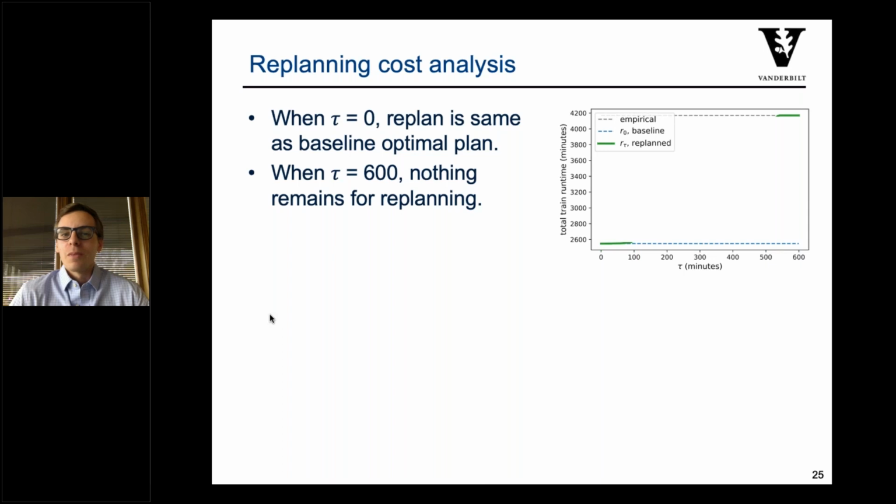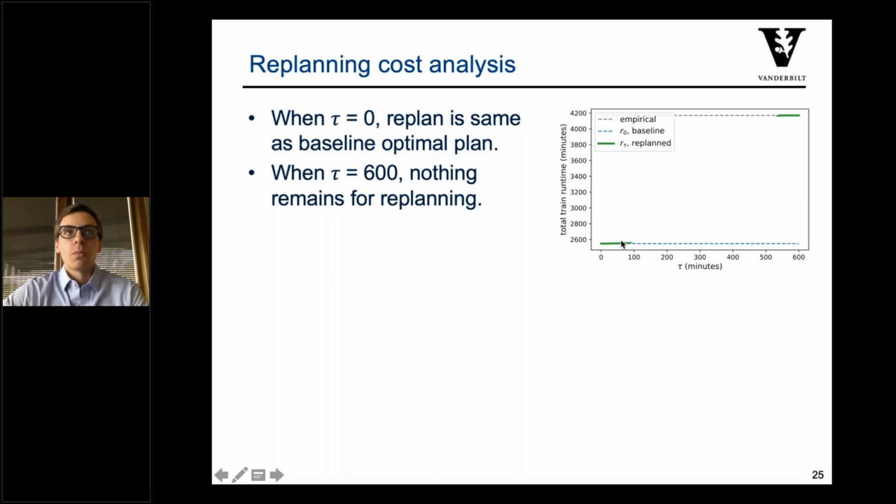At that point, basically there is no replanning left to do. The network has fully evolved to the time that we're considering, and no amount of replanning is possible or necessary after that point. And so those 2 points are shown here on this graph as the baseline, the optimal plan cost.